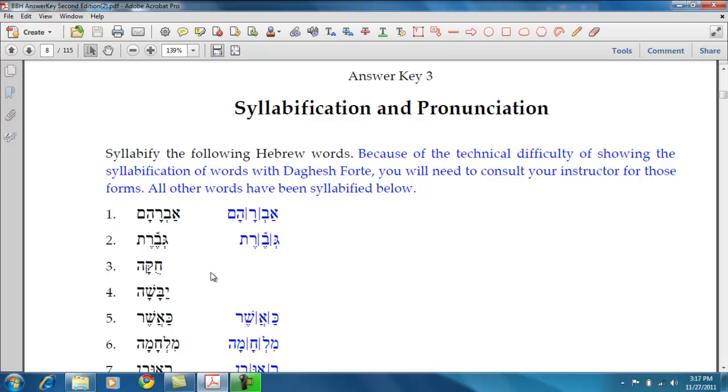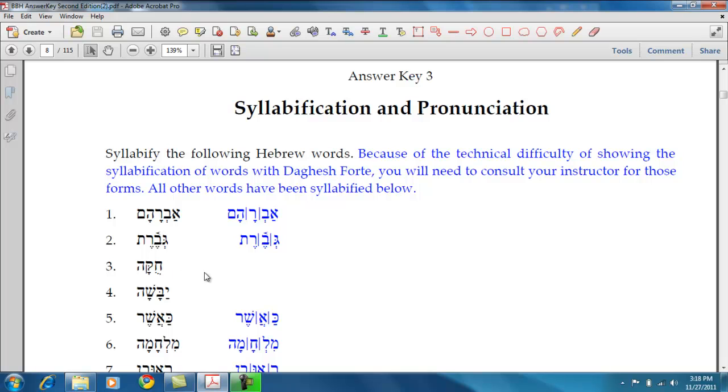All right. Let's go to chukah. You have a dagesh. Can you tell me what this is? Is this a begadkefat letter? No, it's not a begadkefat letter. So that is a doubling dagesh.